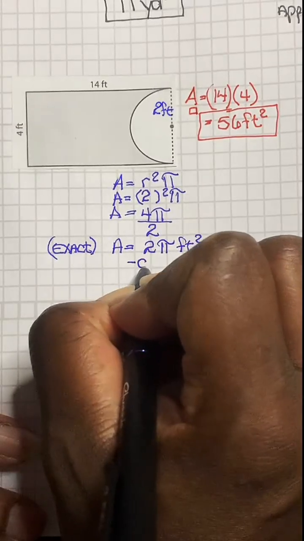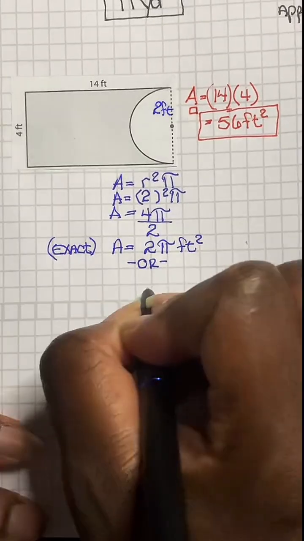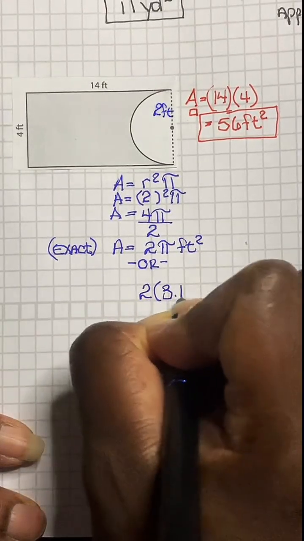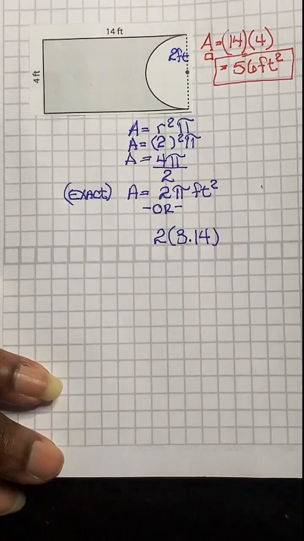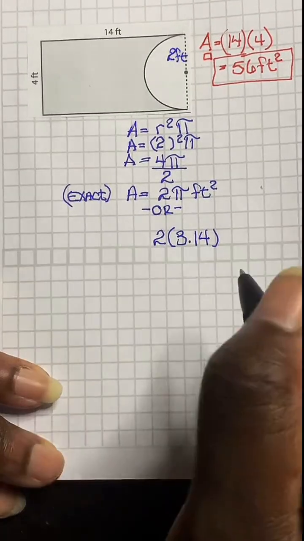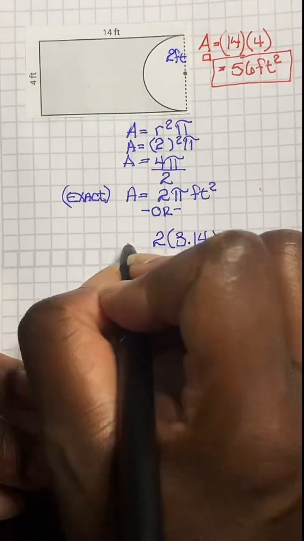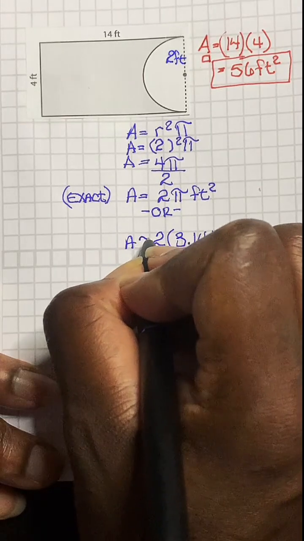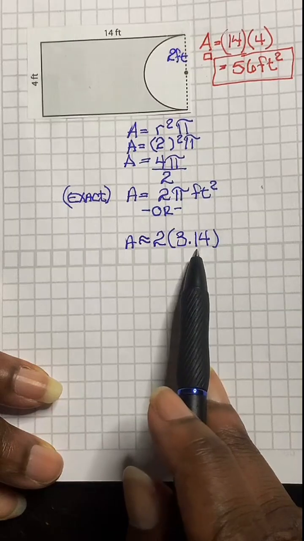But if they say to replace the pi with 3.14, we need to multiply it. So 2 pi, replace the pi with 3.14. This time we're going with approximation because we're rounding pi.